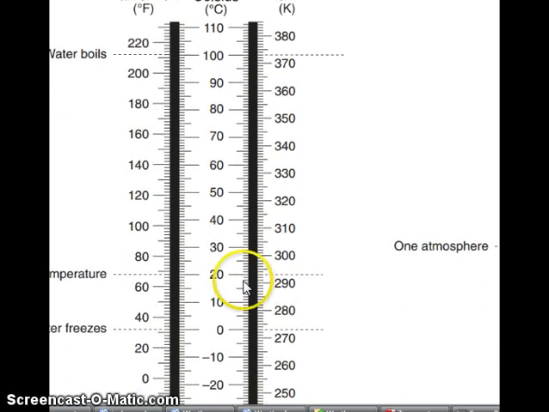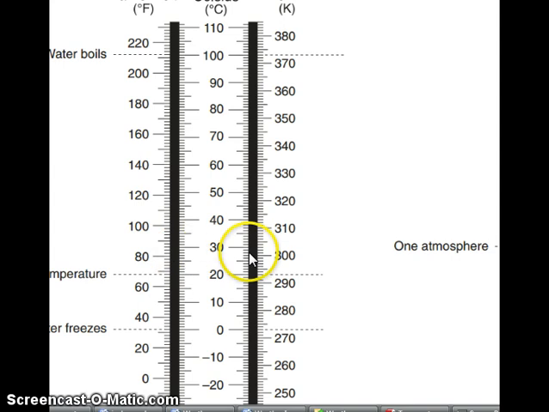If I come down to 30, and I look straight over to the left, I will see that it's right here. And normally you might want to say, oh, that's 83, but you want to remember they go by 2, so it's actually 82, 84, 86. So 30 degrees Celsius is 86 degrees Fahrenheit.